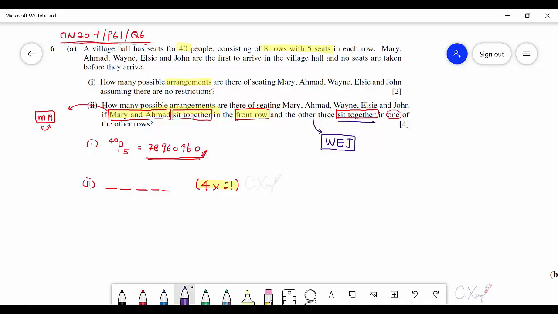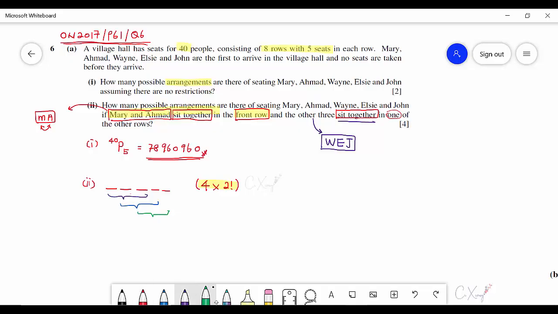How many ways can I put them in? This is the first place I can put them, W, E, then J. After that, the second one will be this. And the third one will be these 3 seats.